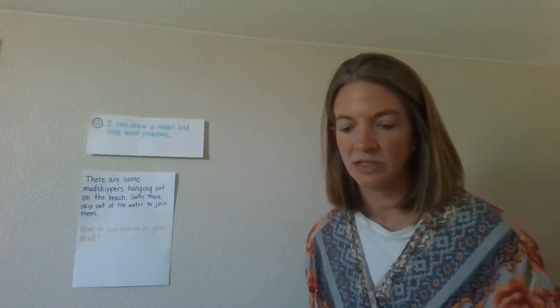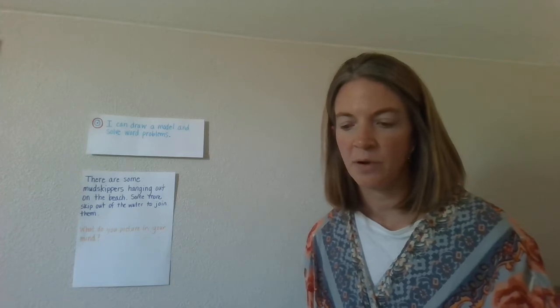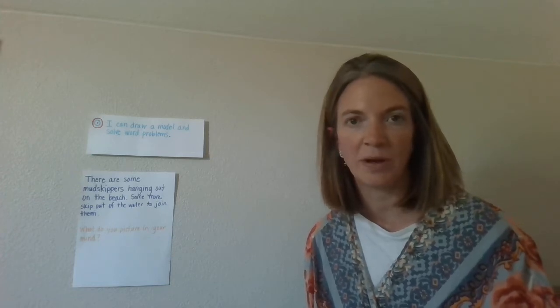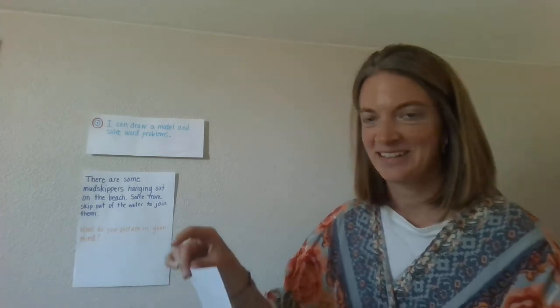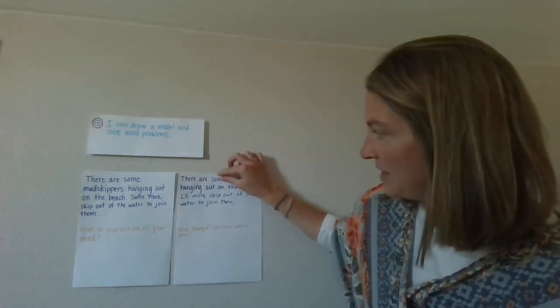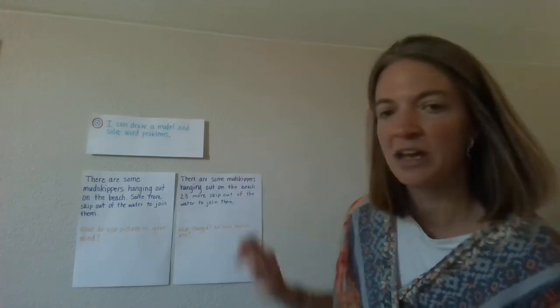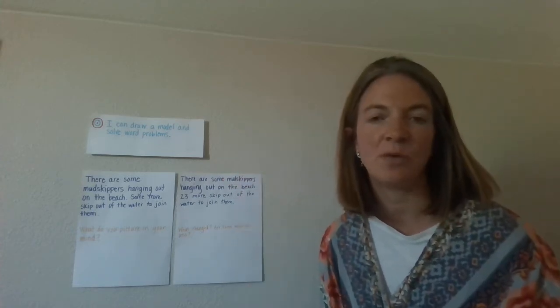All right, let's go on to the next part of the problem. This time, I want you to listen for what might change. So it says there are some mud skippers hanging out on the beach. 23 more skip out of the water to join them. Did you hear what changed? What was the difference? And how can you use a model to help show what was different?